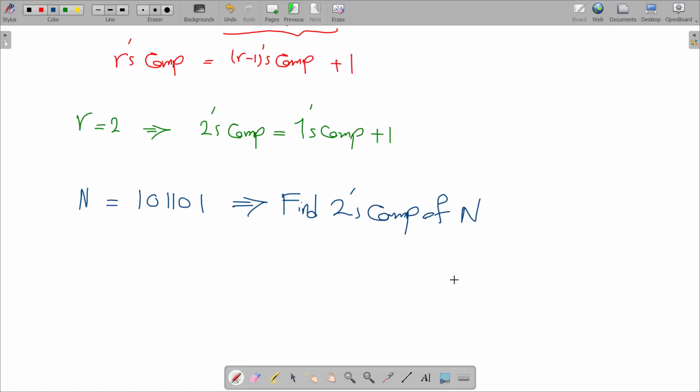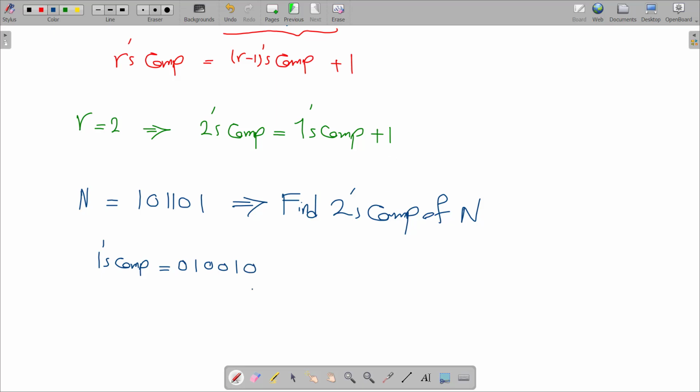I say that because I know that the first complement of this number is 0, 1, 0, 0, 1, 0.